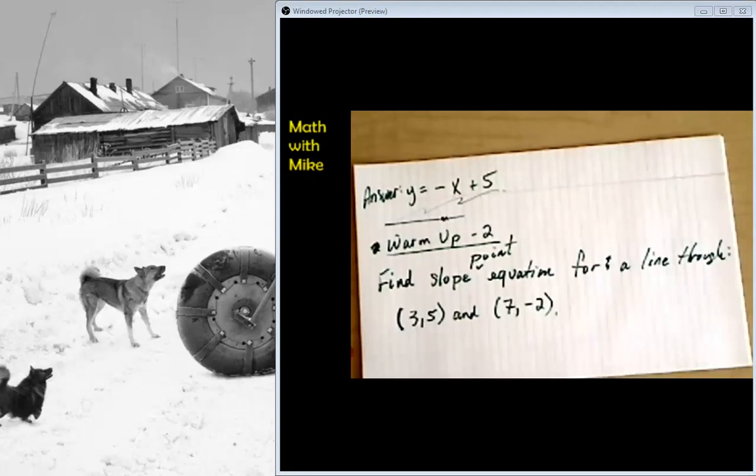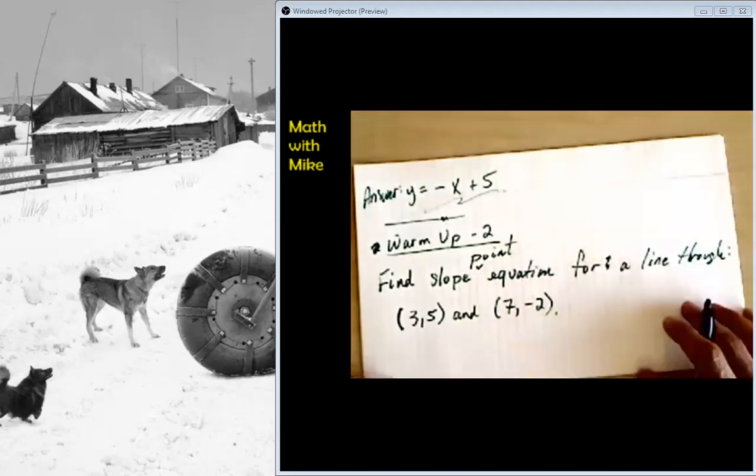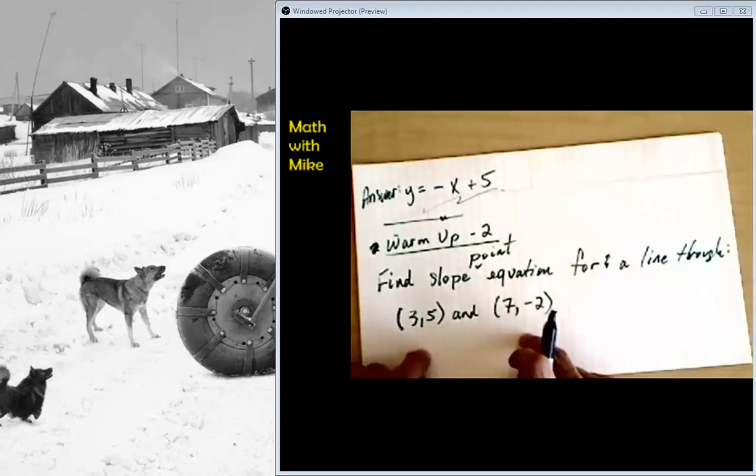First, it's going to be the slope. 5 minus 2 and 3 minus 7. Not bad. So from class, I'm hearing some. It should be plus. No, it should be minus because there is no sign. Not bad. Keep that in mind, okay?